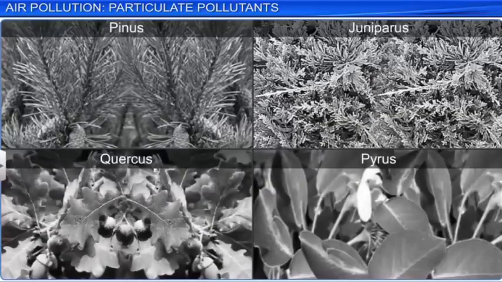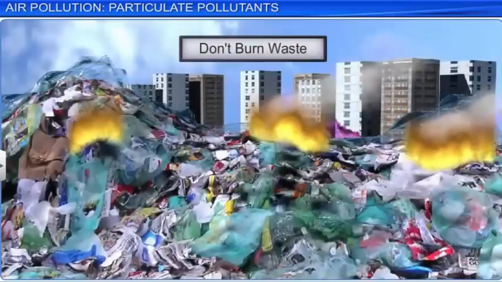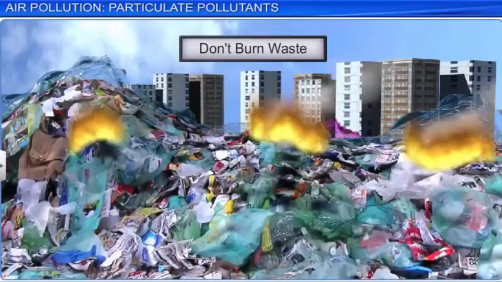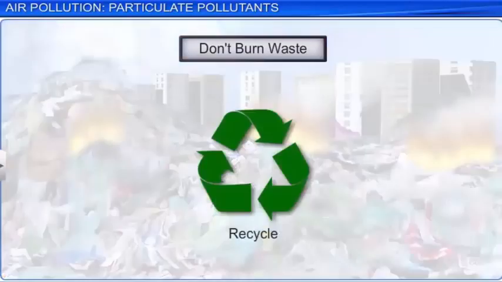Also, certain plants such as Pinus, Juniperus, Quercus and Pyrus can metabolize nitrogen dioxide and thereby help to reduce photochemical smog. We can also cut down a lot of pollutants by recycling waste material.